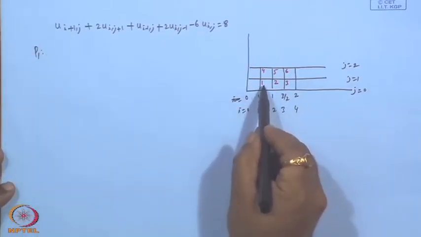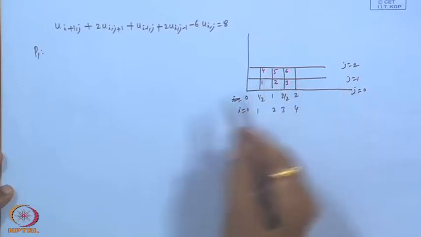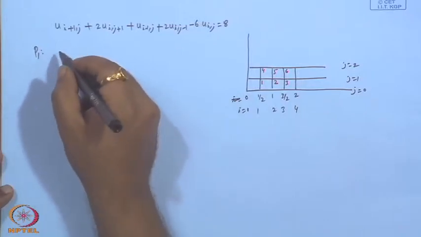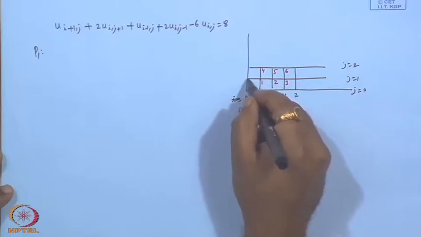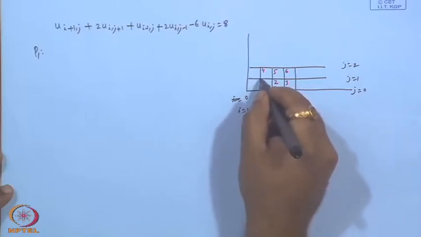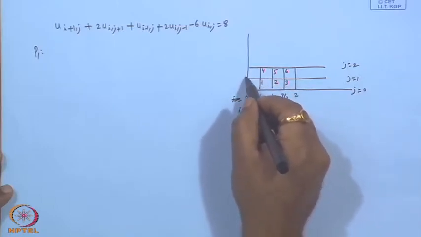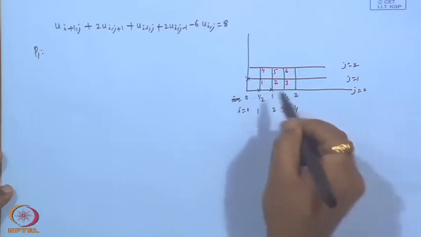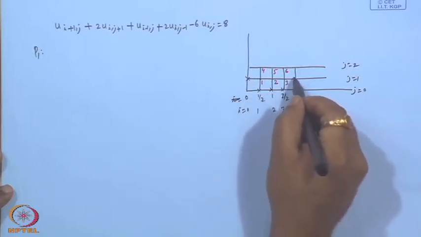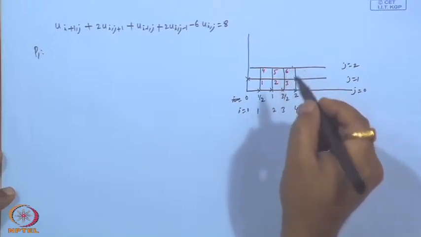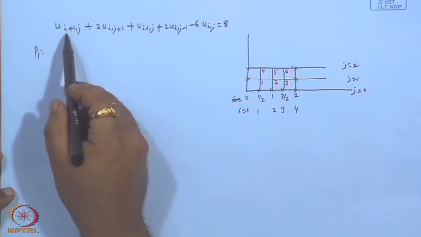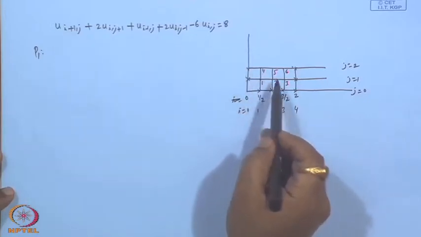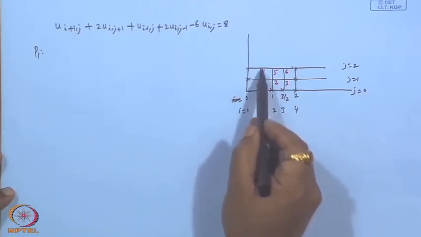So, P 1, so this corresponds to I is 1 and j is 1. Okay. So, as I mentioned, we have to number them. So, we know these values. Okay. So, I am just marking. So, when we apply this at this point, we need this point, this point, this point and this point.